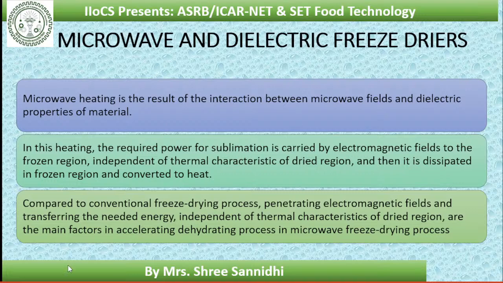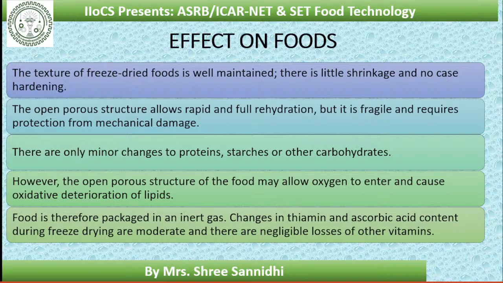Whether the food is a very good conductor of heat or not, you don't have to worry about that, because the electromagnetic fields will be penetrating inside and transferring the heat energy. There is no need for the food itself to transfer the heat. So that's all about the different types of freeze dryers.